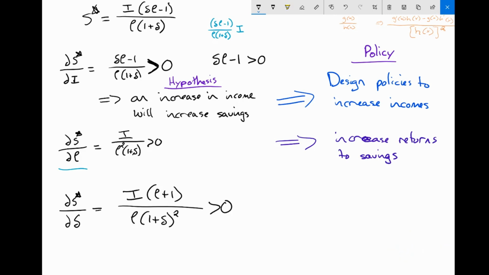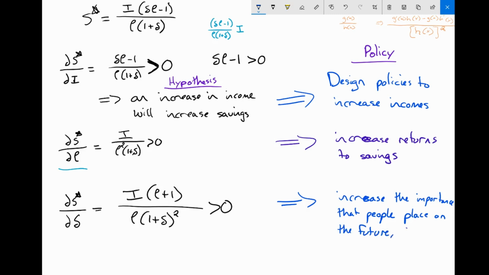That means if we could somehow design a policy to increase the importance that people place on the future, so we can somehow increase the importance that people place on the future, we will increase savings, because an increase in the discount factor will increase savings.